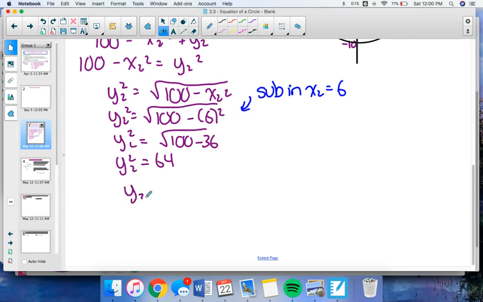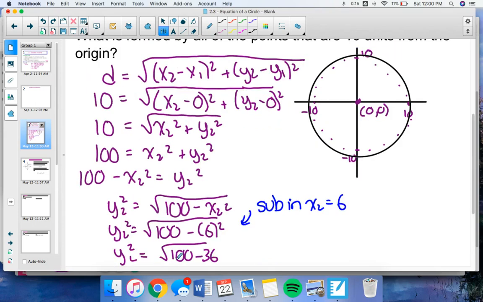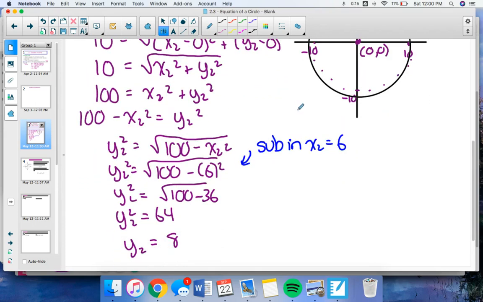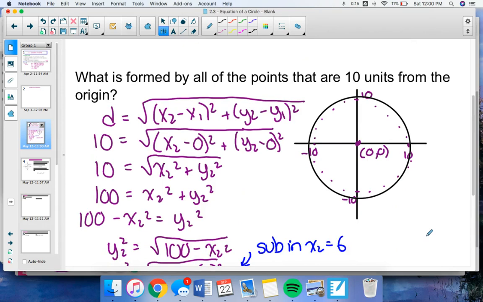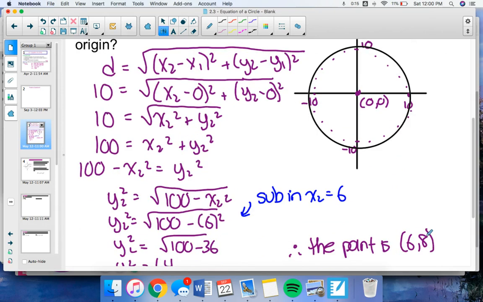So y2 equals 8. Okay. So our point on our circle, so therefore the point is 6, 8. Okay. So that's how we found a point on our circle.